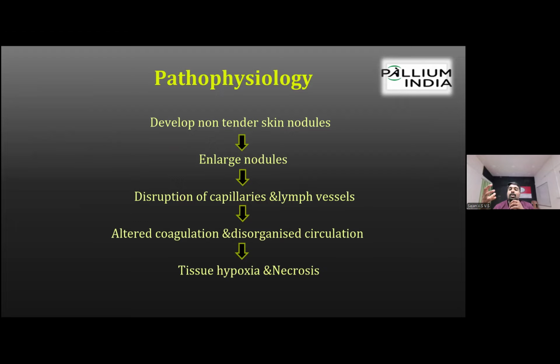Because of the enlargement, the underlying capillaries and lymph vessels become compressed and the blood circulation varies between bleeding and clot formation. So there is disorganized circulation through those capillaries. Because of that, the tissue becomes hypoxic and necrotic at last. Because of the stress, the skin opens and this nodule becomes a fungating type of cancerous wound. This is the pathophysiology.